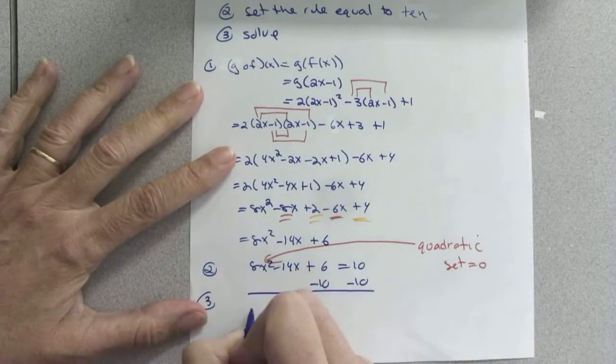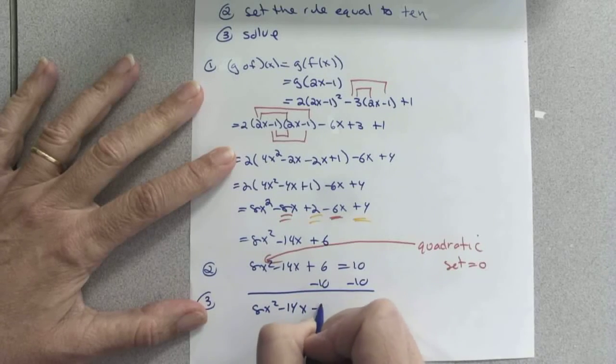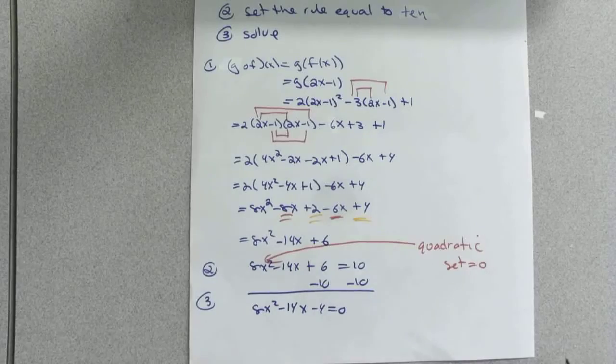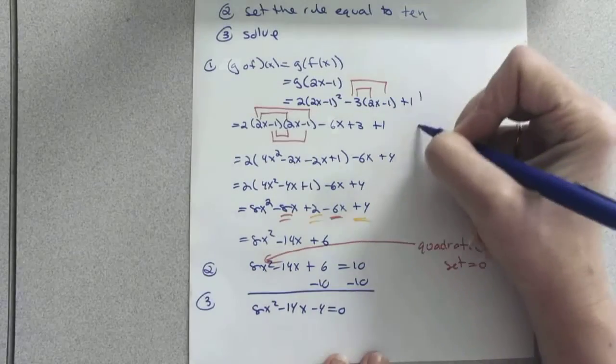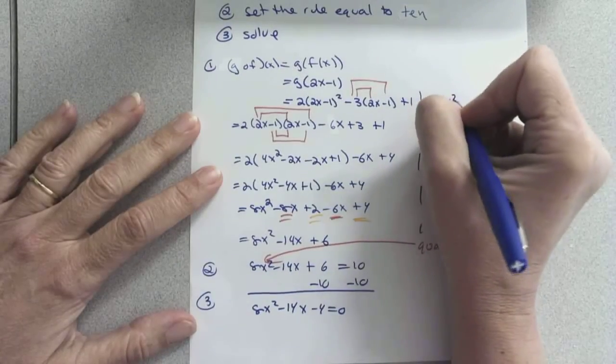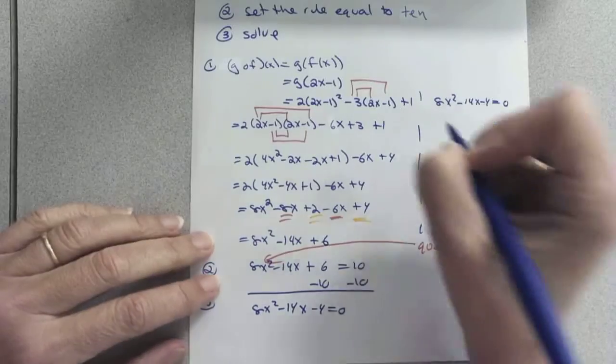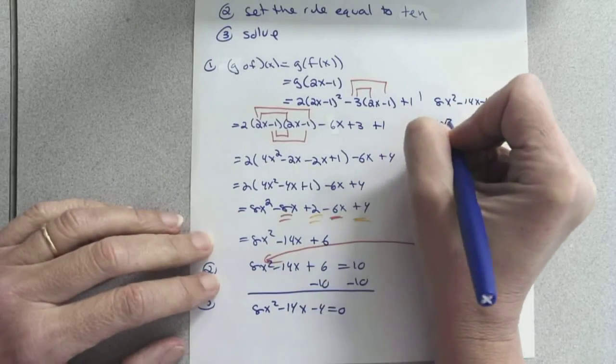So I'm going to subtract 10 from both sides and get 8x squared minus 14x minus 4 equal to 0. We'll go up here, finish this guy up here. I can factor out a 2 here. That'll make life a little easier.